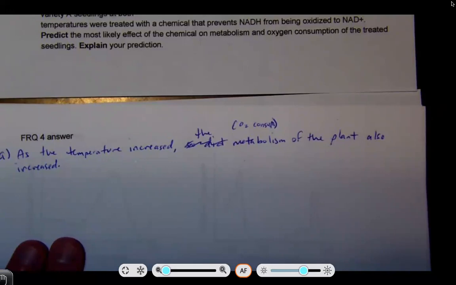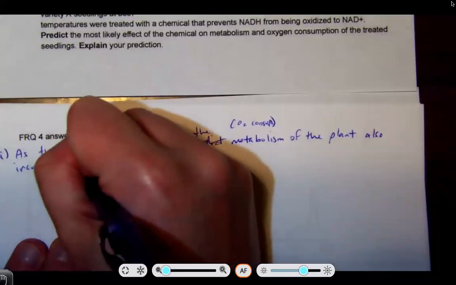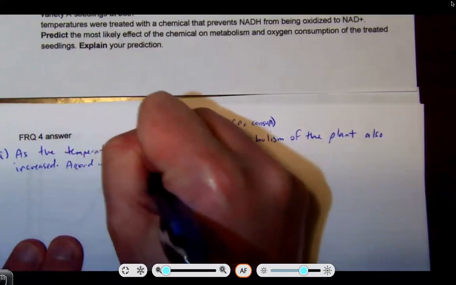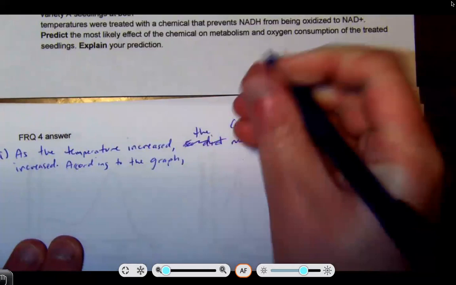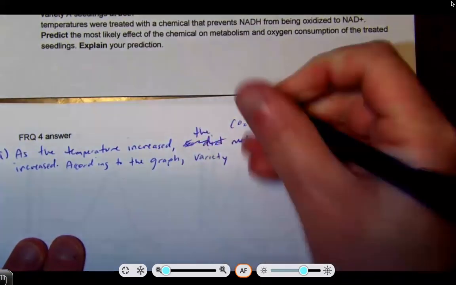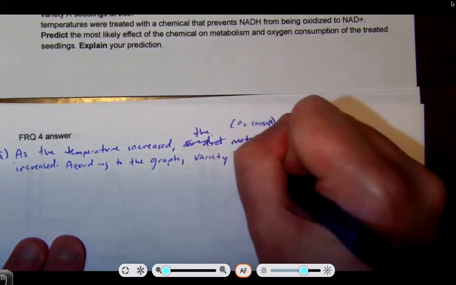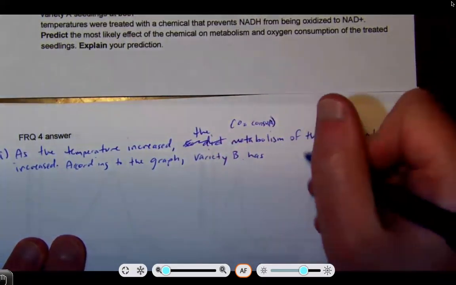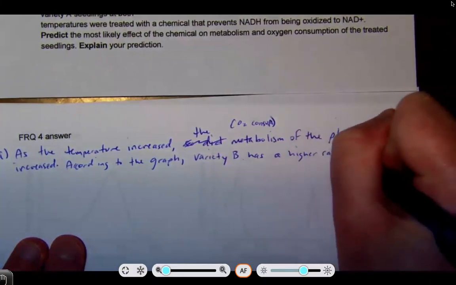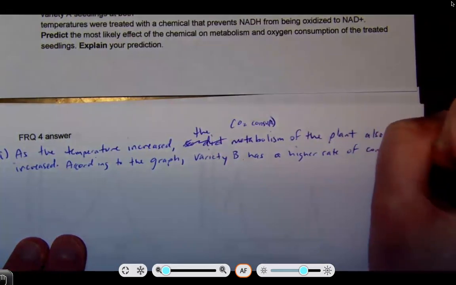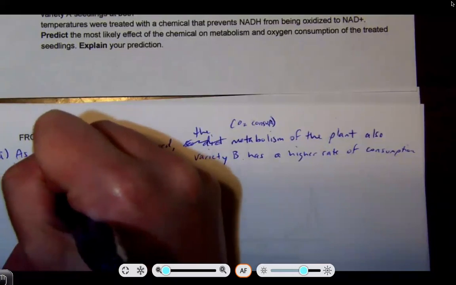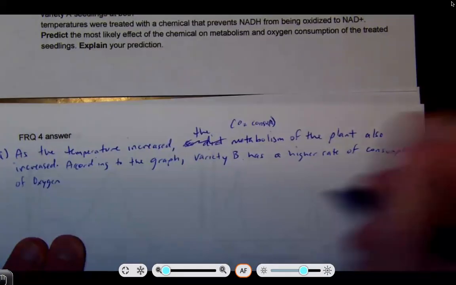So, according to the graph, variety B has a higher rate of consumption of oxygen compared to variety A.